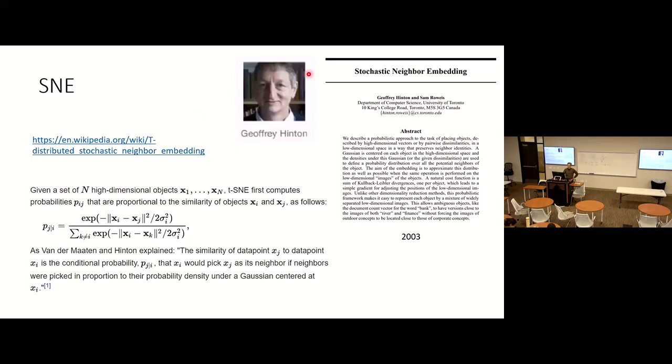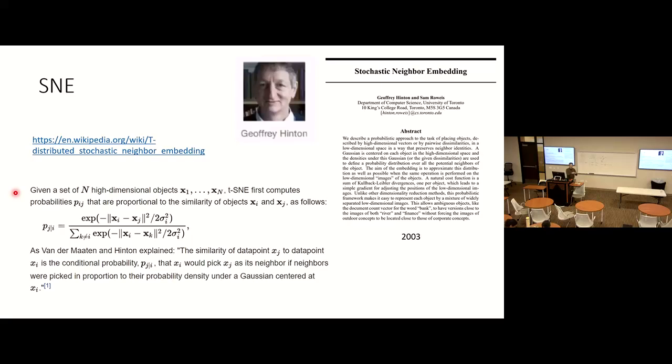His early work also includes this stochastic neighbor embedding, which is the foundation for today's t-SNE.